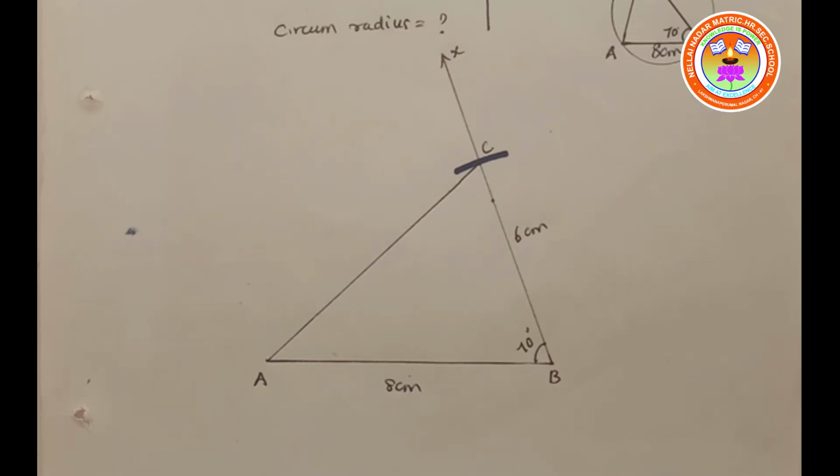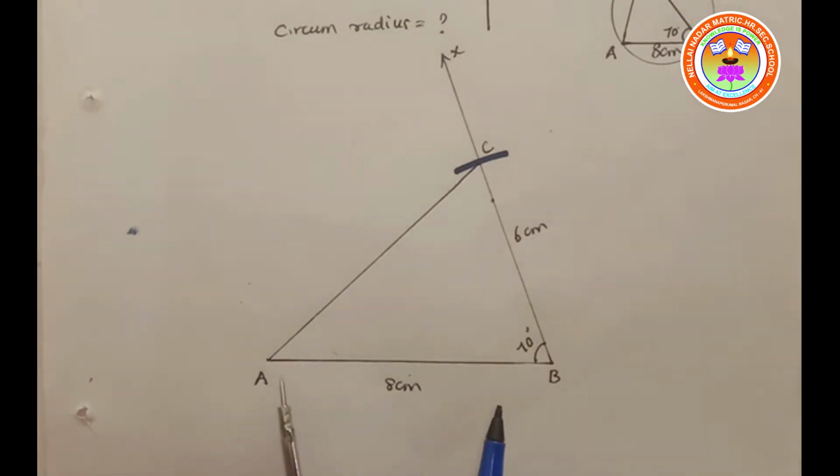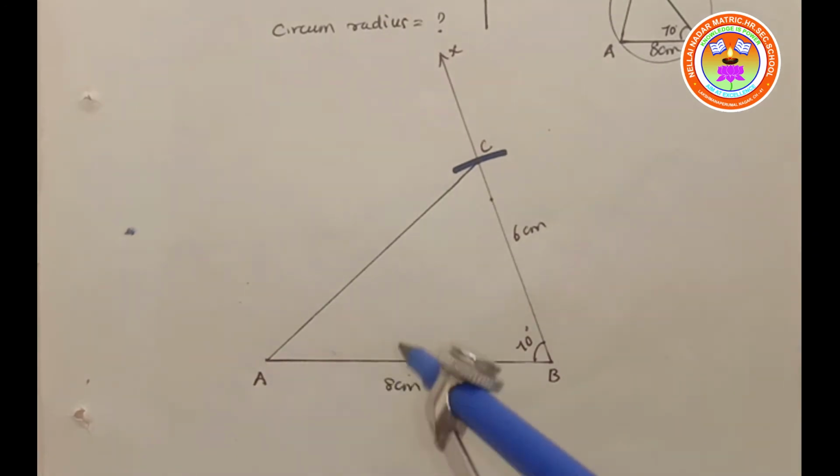You are going to find a perpendicular bisector of any two sides. So you have AB, BC and AC. You take any two sides. I am going to consider AB and BC. So you are going to take perpendicular bisector. That is, you have to take more than half from AB. It's clear, children?